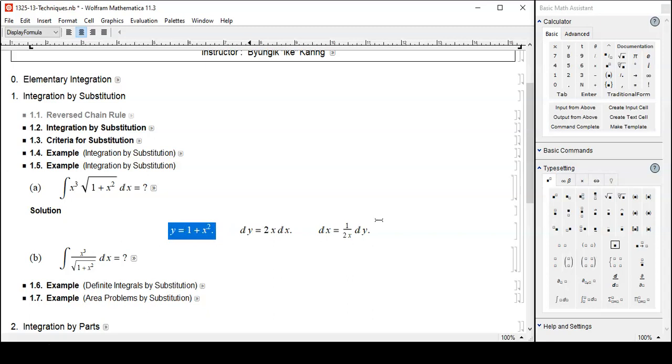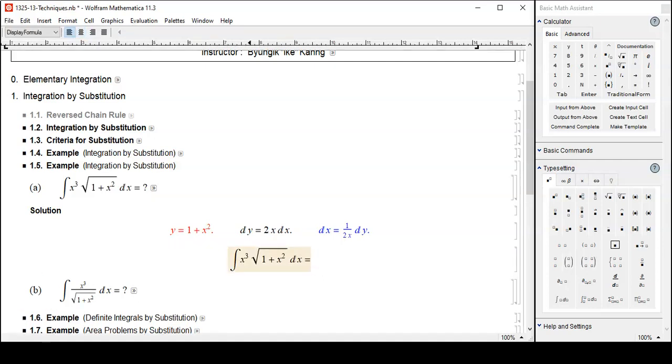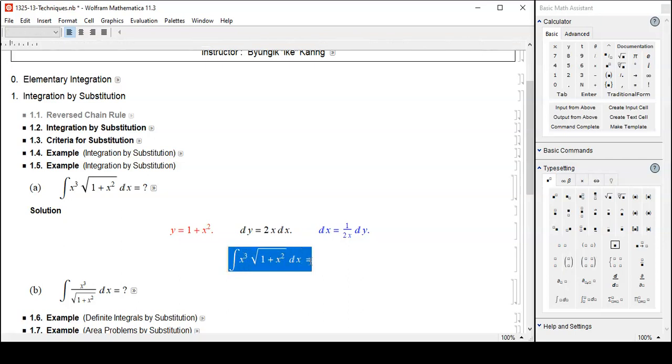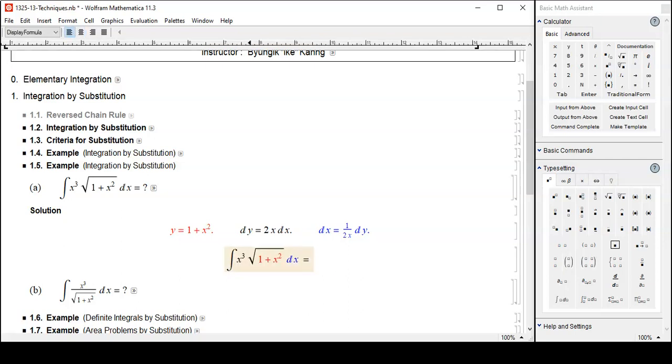So that's substitution number 1, and this is going to be substitution number 2. That's red and that's blue. So if I substitute all those in, this is y, and this one is 1 over 2x dy.